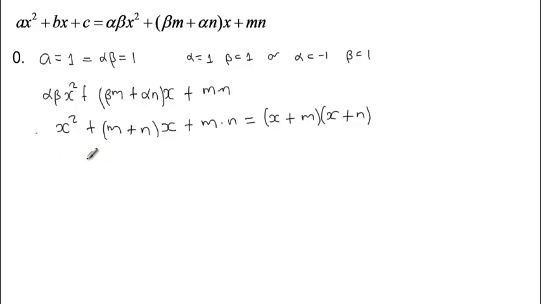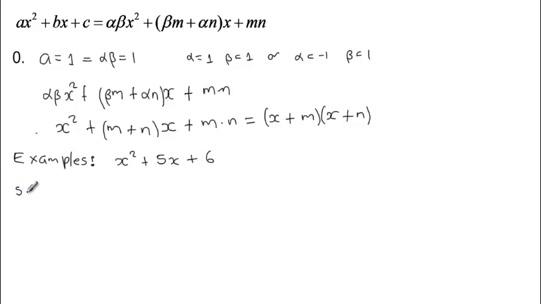Now, with this, we need to look at an example and see how we can use this to factorize systematically, not by accident, as usual most of us do. Now, let's get an example. Our first example will be x squared plus 5x plus 6.